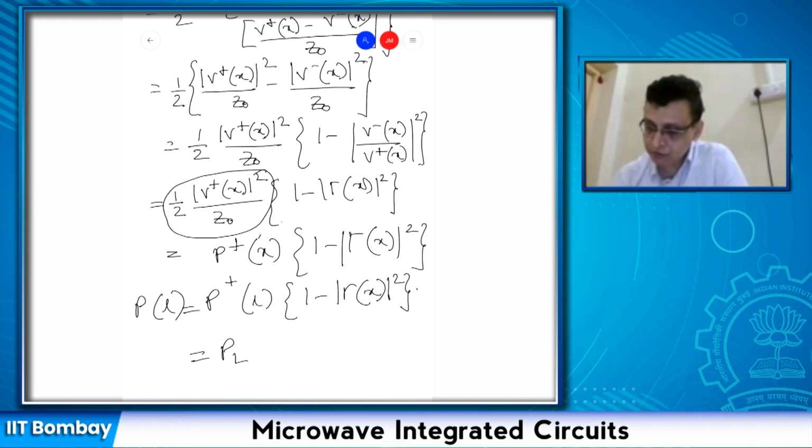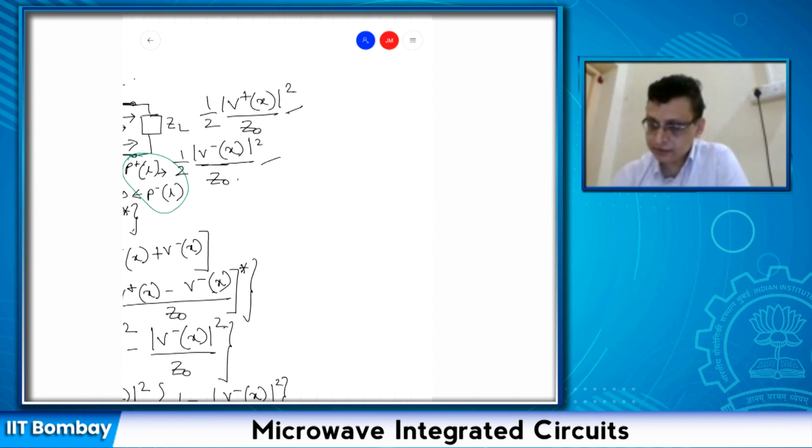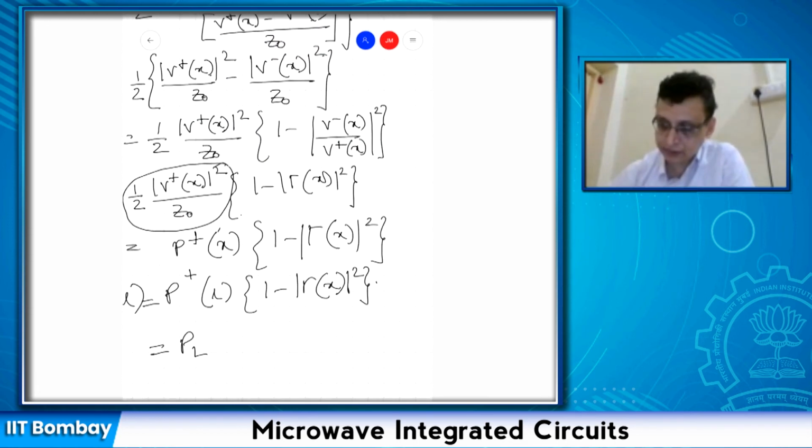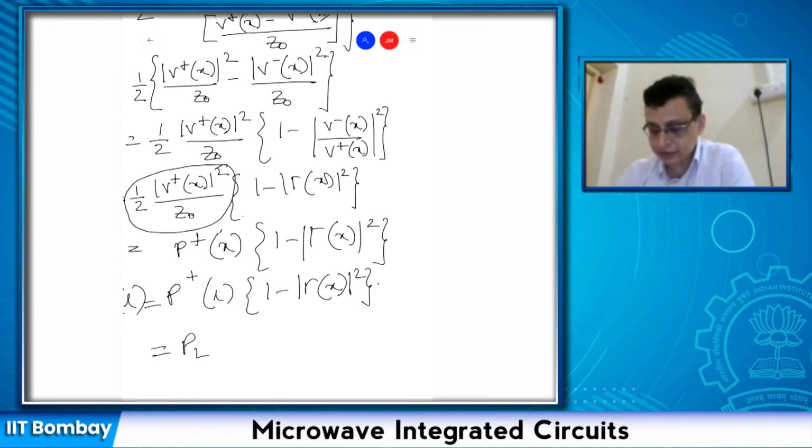So the power delivered to the load, it is here, power delivered here is equal to this expression. This expression shows that the power delivered to the load is the difference of two terms.